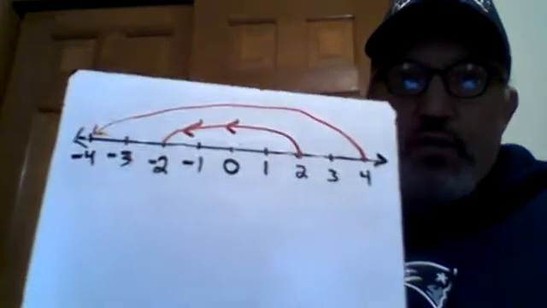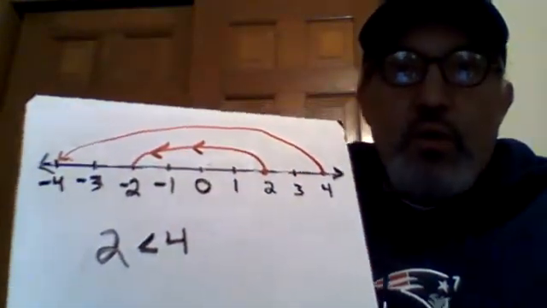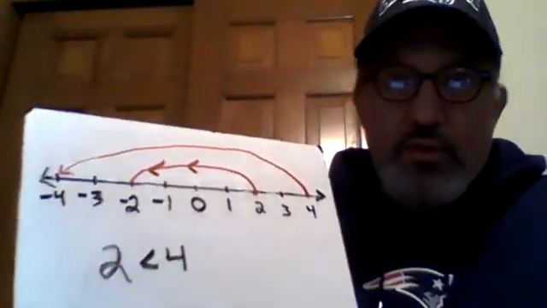Let me put that into algebraic symbols. We started with the numbers 2 and 4. And of course, 2 is less than 4. But then when we took the opposites of each of these numbers, we had -2 and -4.